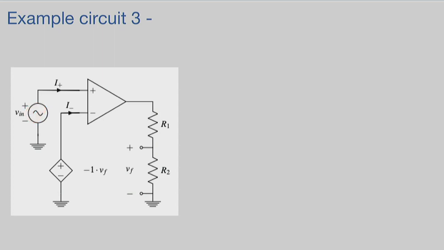Now this one, you have to be a little bit more careful because here there is a dependent voltage source that is given to you as minus VF. So I am connecting U minus to minus VF. You have to pay attention to this. So the question I have for you: is this in negative feedback?